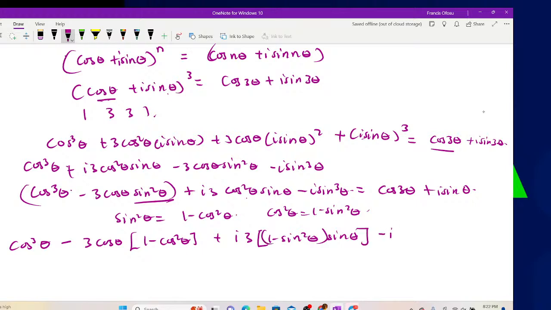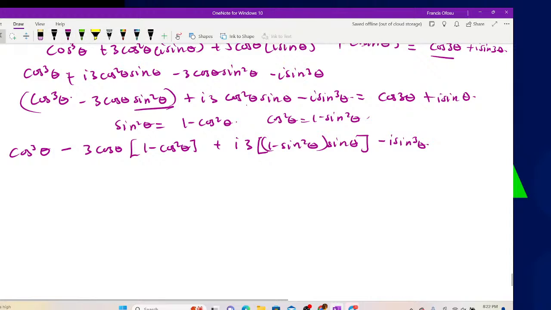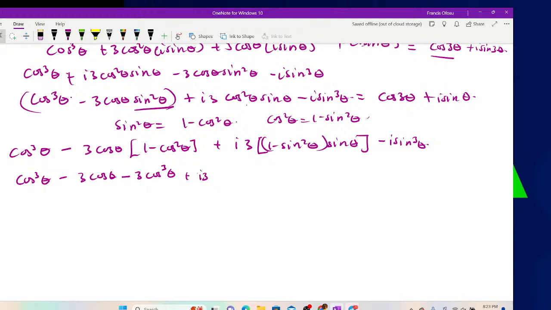Then minus i sin³θ. So let's finish this. At this point, I'll have cos³θ minus 3 cos θ minus 3 cos³θ, plus 3i will be out. Then I'll have sin θ, then minus sin³θ minus i sin³θ.